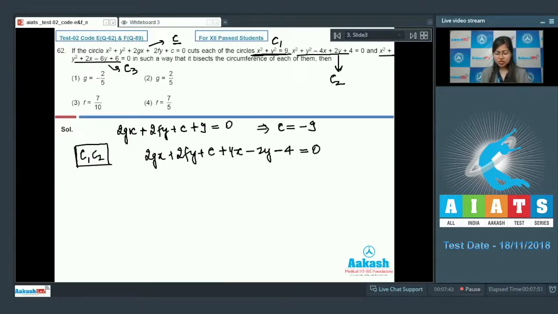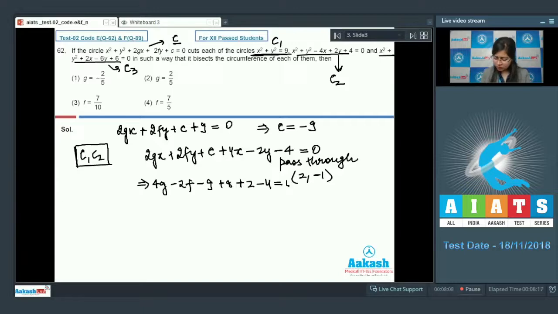This is the equation of the common chord and it will be passing through the center, that is, it will pass through (2, minus 1), right? Therefore, we can say that 4g minus 2f plus c, that is minus 9, plus 8 plus 2 minus 4 is equal to 0.